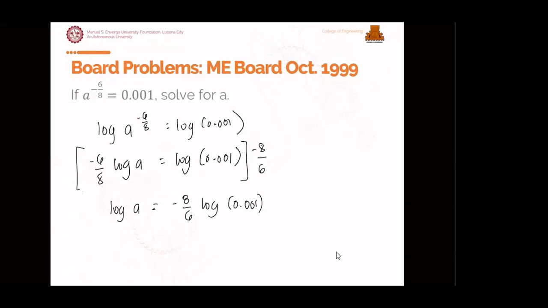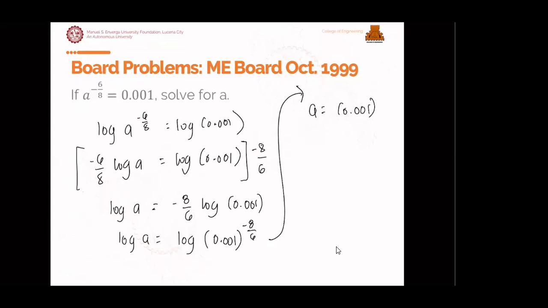And then the coefficient becomes the exponent of 0.001, which is negative 8 over 6, and we can eliminate the logarithm. So a equals 0.001 raised to negative 8 over 6, and 8 over 6 is equivalent to 4/3.